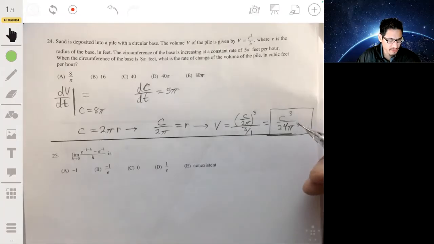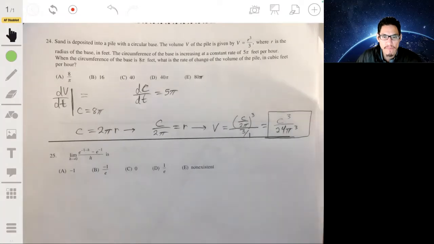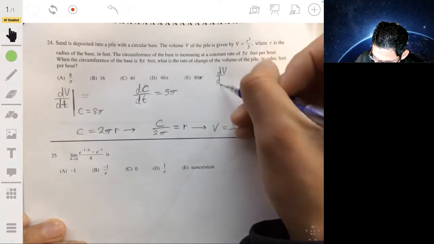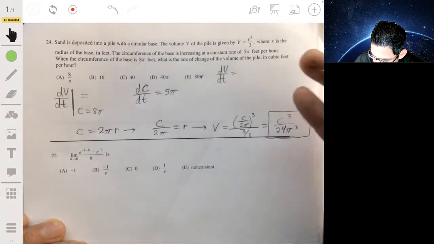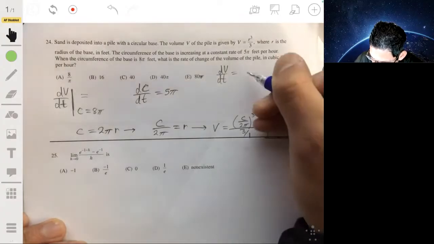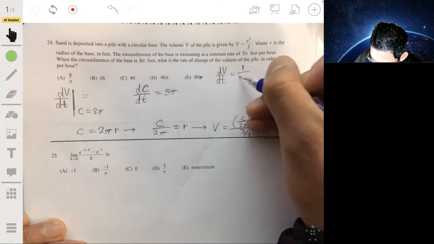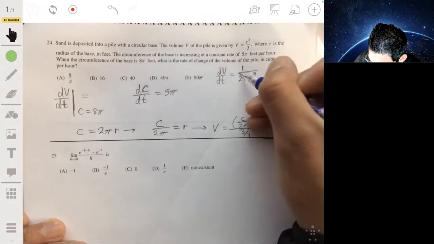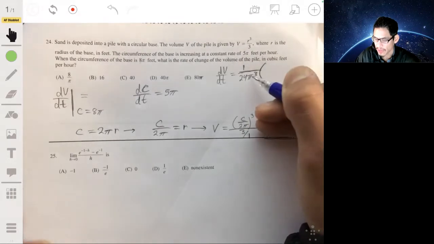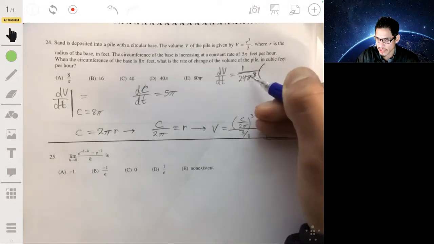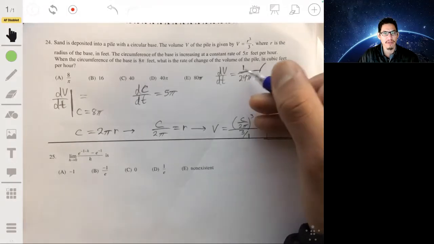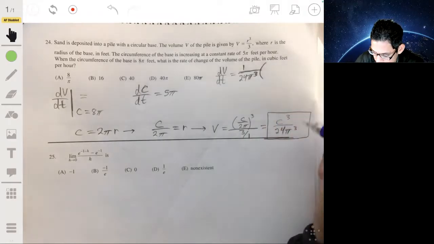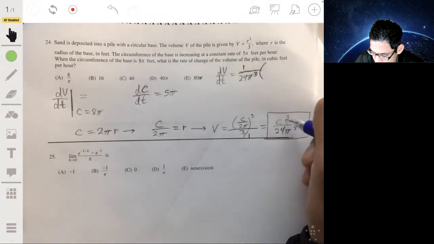So now we can simply differentiate this. We're going to find dV/dt. Remember, 1 over 24 pi cubed is just a constant, so I'm going to put that in front. Don't mistake the pi for a variable. That's common for some students, who see that pi and want to do something with it. It's just a number, so we'll leave it in front as a coefficient. So we're really differentiating just C cubed.